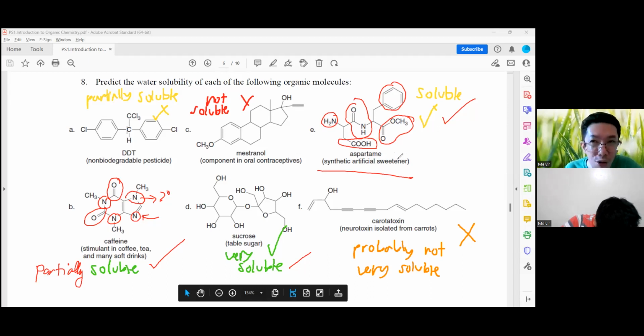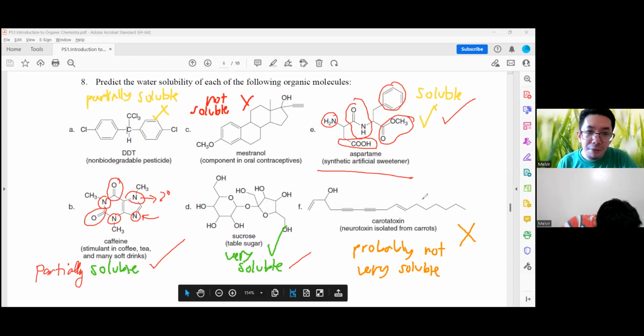Puwedeng yun ang cause ng pagiging carcinogenic niya, so sa amount. Pero 'pag hinati mo 'yan, aspartic acid and phenylalanine lang 'yan. So anyway, isang issue 'yan. That's the reason why I'm teaching you this so that you'll be logical when you read things, so hindi ka maniniwala kaagad.